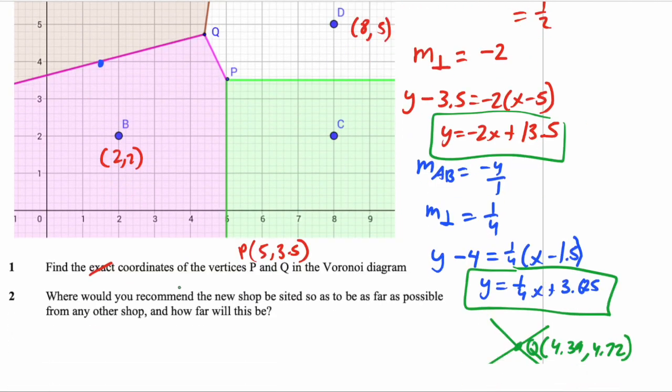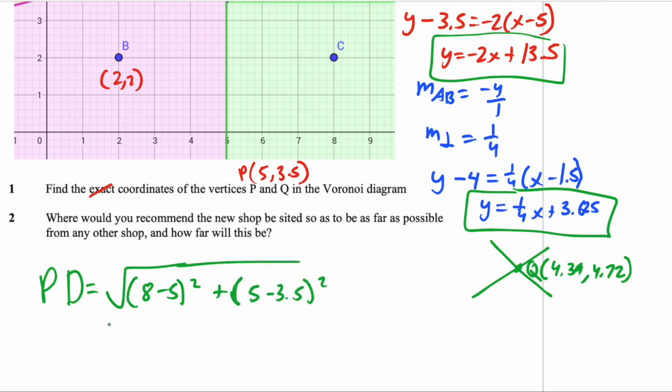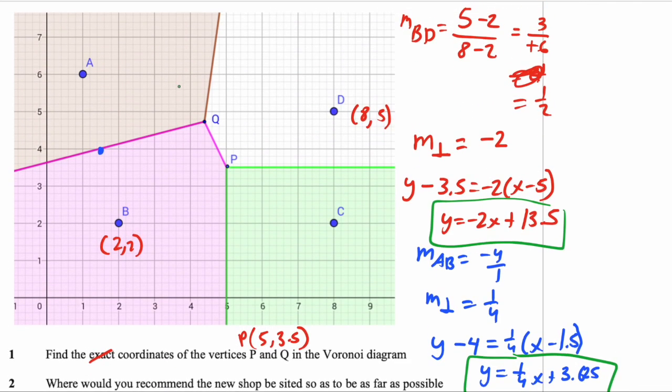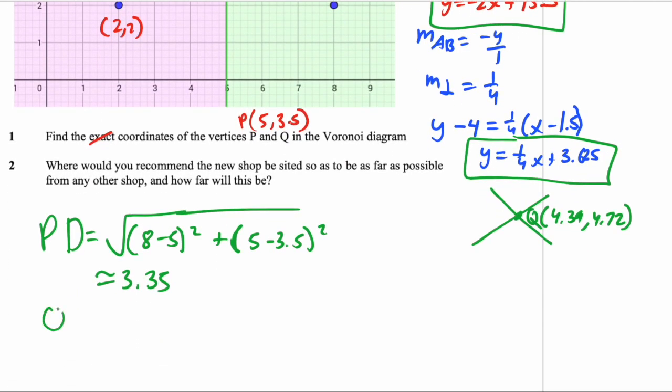So let's find PD, using the distance formula again. If you type that into your calculator, you get 3.35. Now Q is equidistant from A, B, and D, so we can do QD to find that distance.